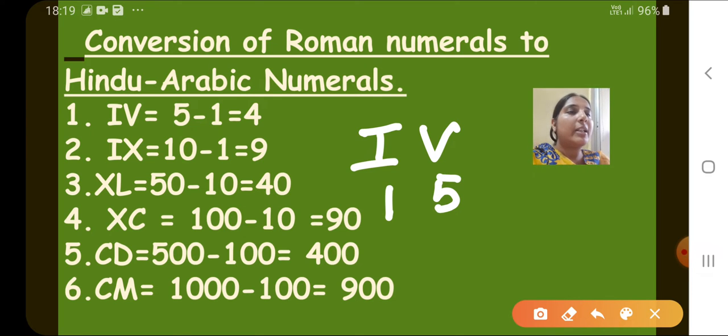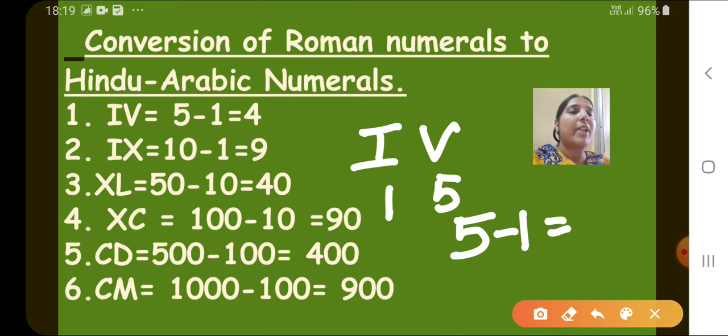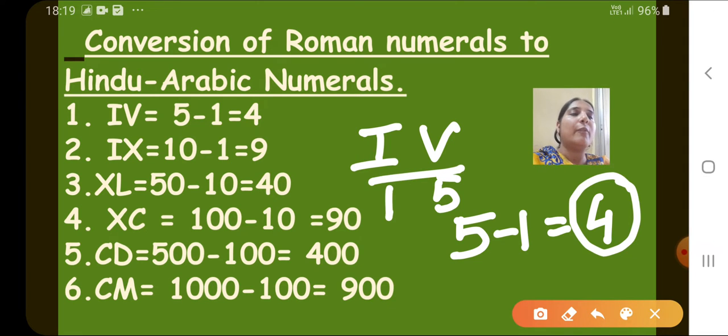It is a rule in Roman numerals that if the smaller unit is to the left of the bigger unit, then we subtract the smaller unit from the greater unit. So IV stands for 5 minus 1, and what you get after subtracting 5 minus 1 is 4. So we write 4 here as IV.